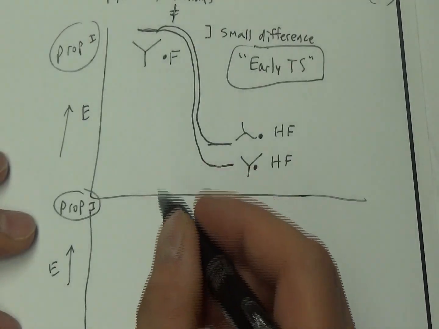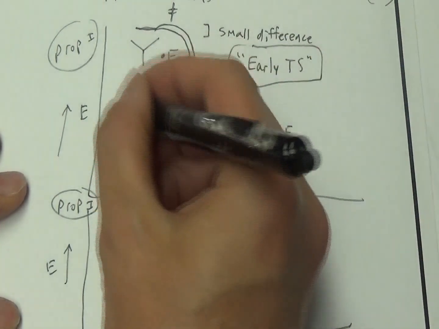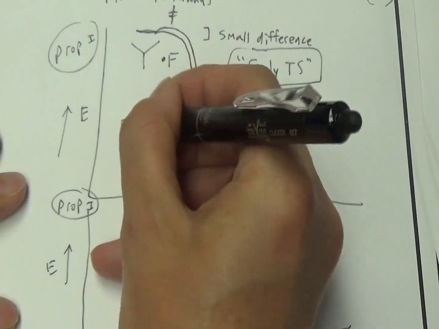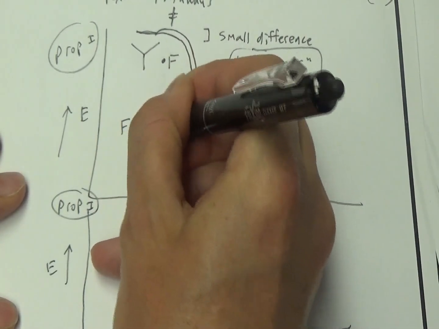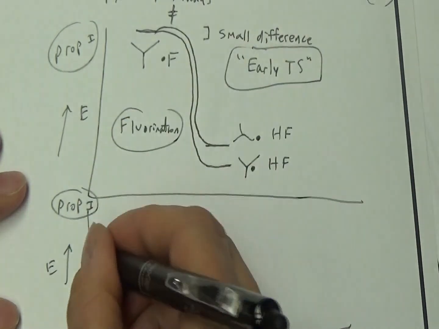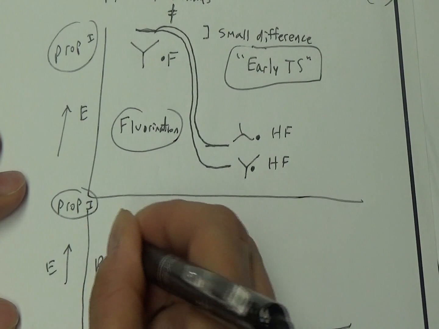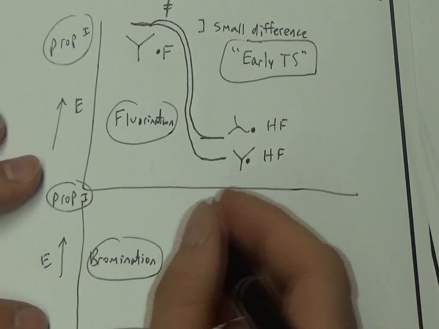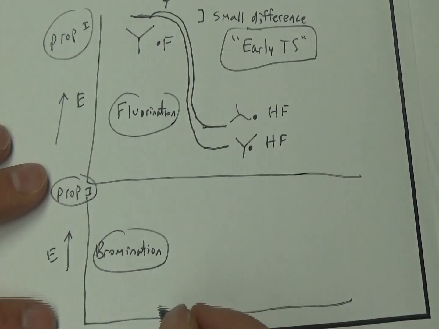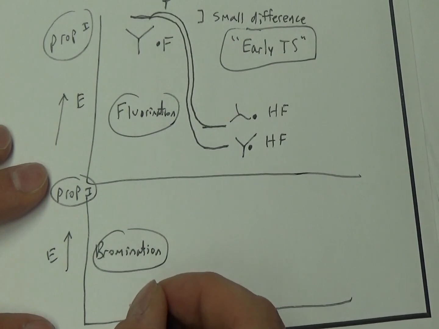All right, so there's a difference with bromination. So this is fluorination. This is bromination. All right. With bromination, it's actually an endothermic first step.